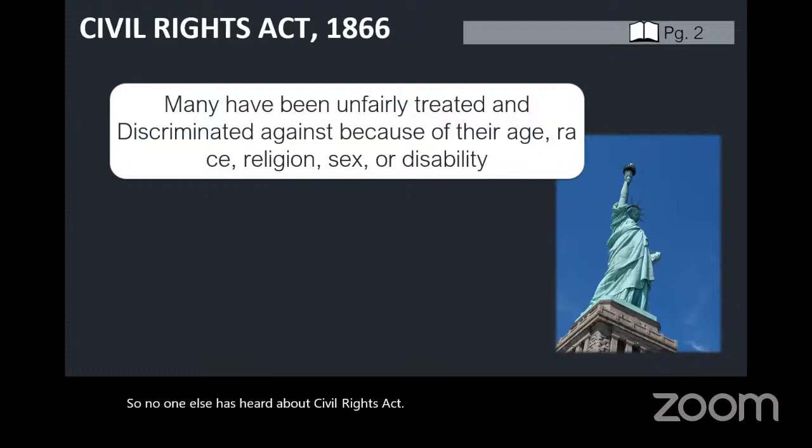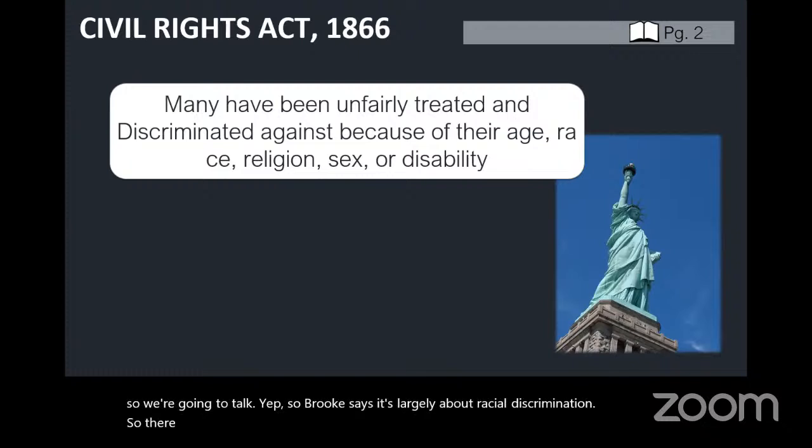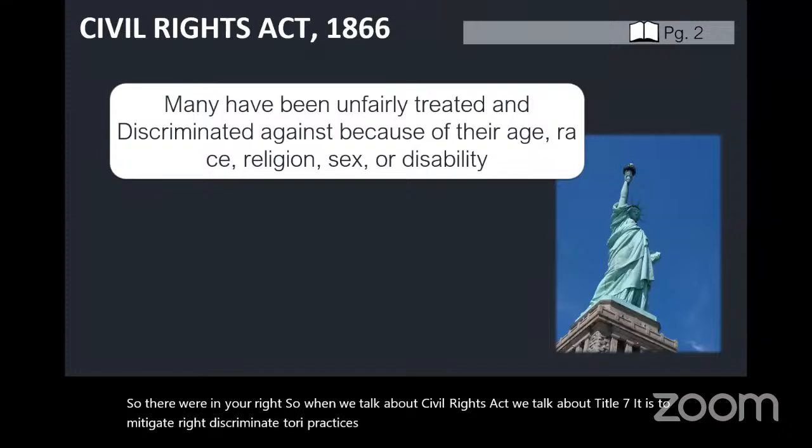Just Sharonda? So Brooke says it's largely about racial discrimination, and you're right. When we talk about the Civil Rights Act and Title VII, it is to mitigate discriminatory practices and to increase equal employment for all.